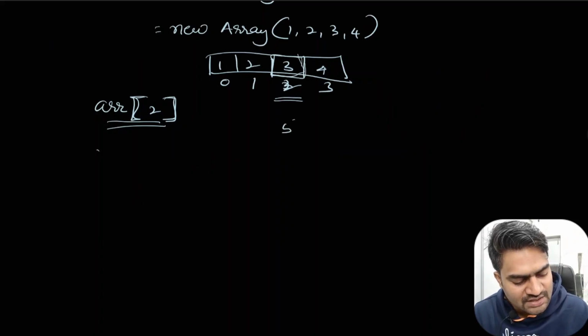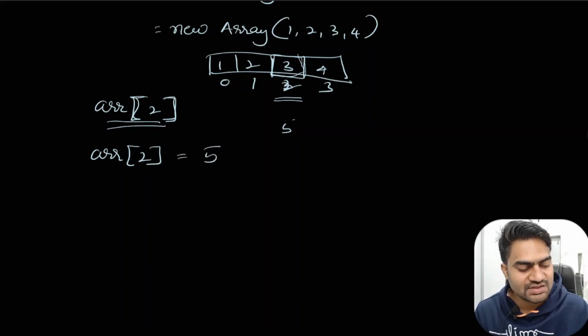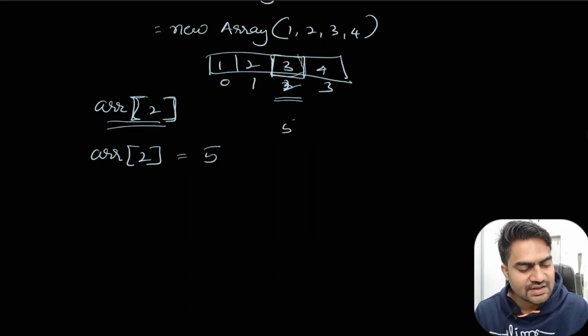I will simply say array of 2, which allows me to access it, then equal to the new value. It will simply remove this element and add this here. So this is how we can modify the elements in the array.